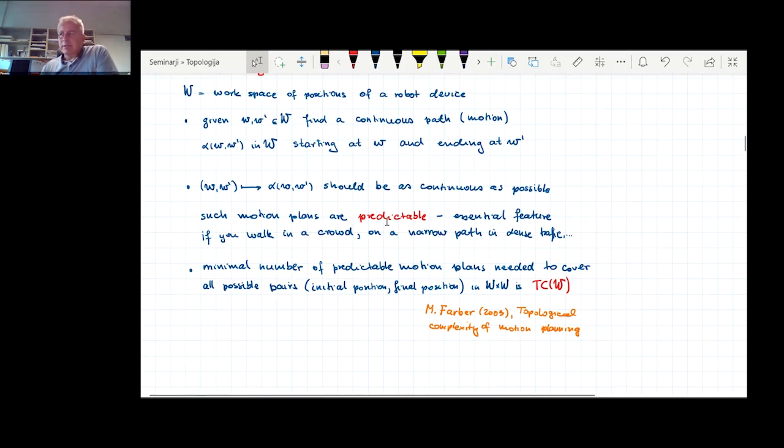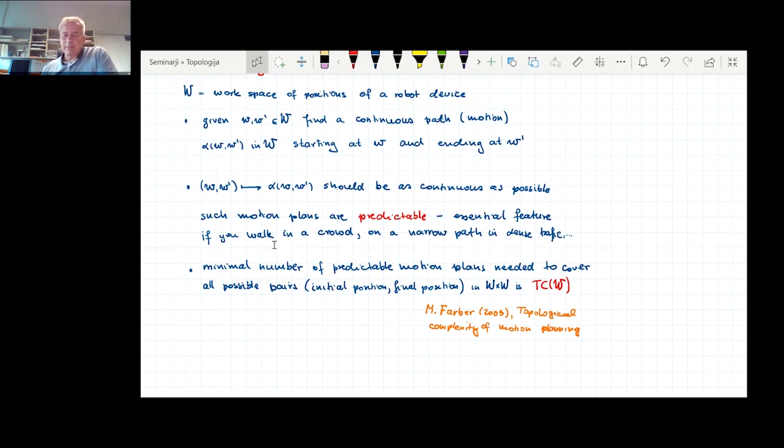And you can imagine this is kind of an essential question whenever you have several objects, several robots moving around. You think, if you walk in the crowd, then someone walks toward you, and then somehow automatically, usually we turn right, and if the other person turns right, then you don't run into one another, or you can walk on a narrow path in dense traffic.